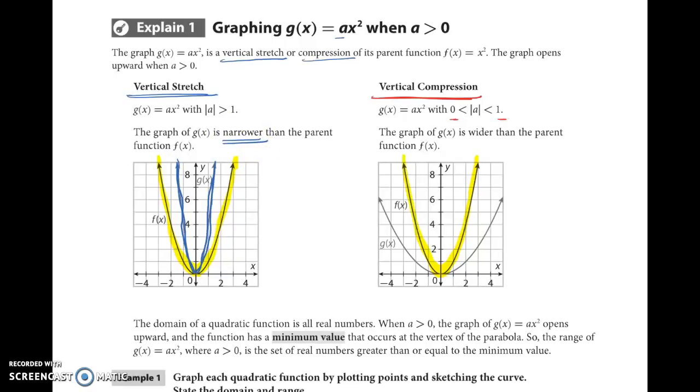And then for the compression, it's like you're squishing it down. So it actually makes it fatter or wider. So when you multiply by a fraction less than 1, it makes it wider, because it's squishing it down. And when a is greater than 1, it's making it narrower.